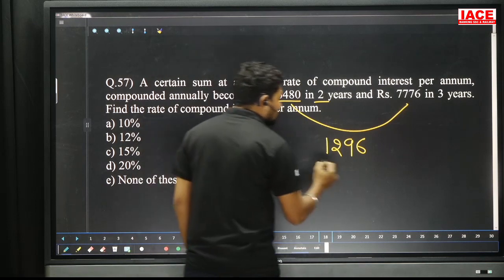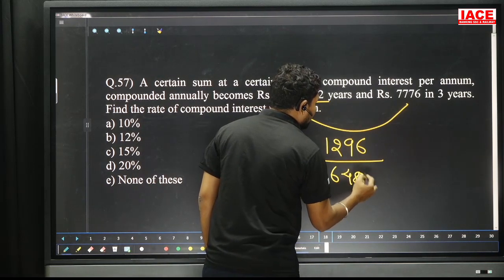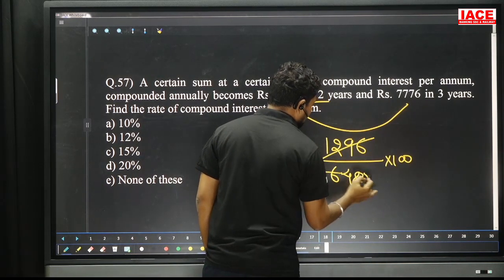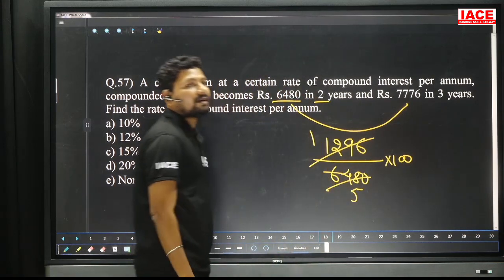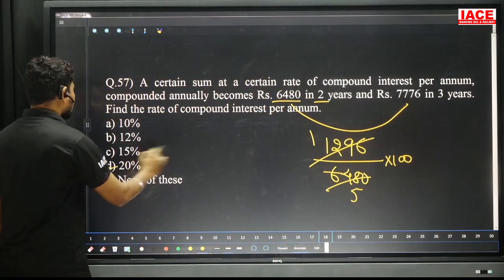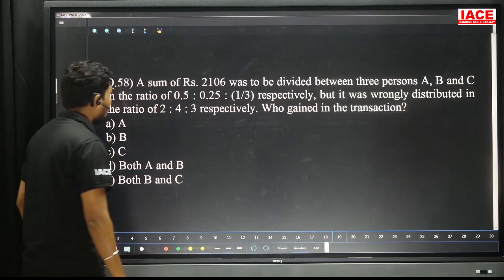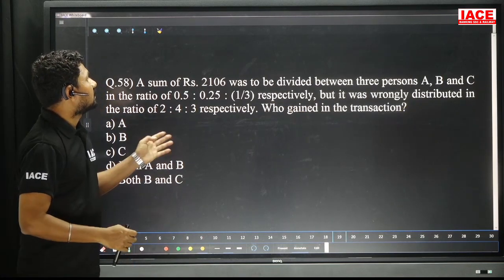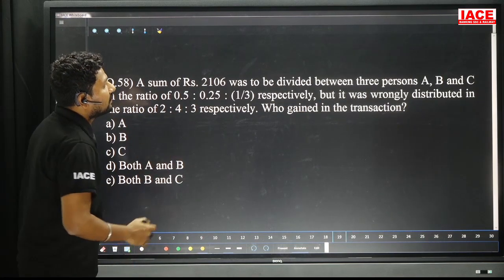So 1296 interest you are getting on 6480. I need the percentage, so multiply with 100. It is 5 times. Basically 1 by 5. 1 by 5 is equal to how much percentage? 20%. Option D.